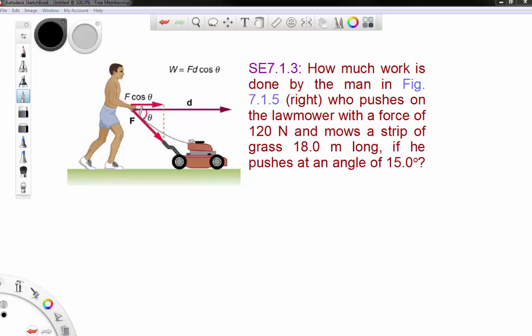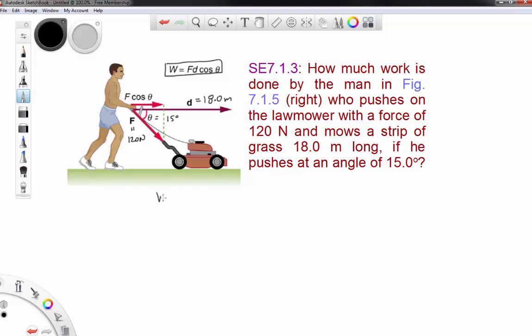Okay, so this angle right here is, again, 15 degrees. So the distance in question is 18.0 meters. The force in question was 120 newtons, and we use work equals F D cosine theta.